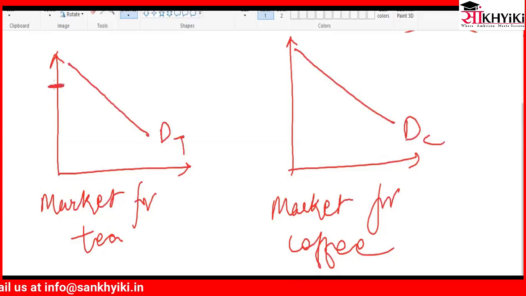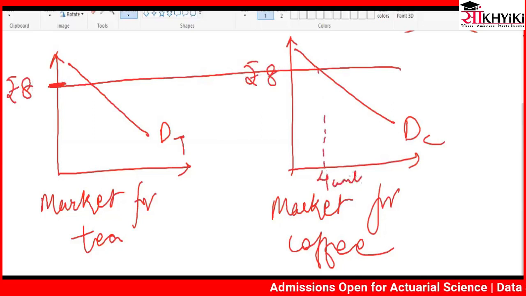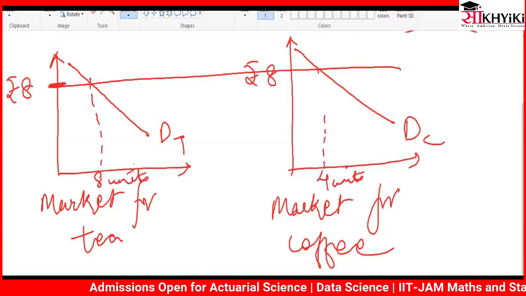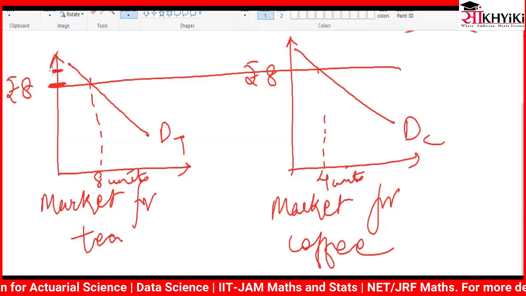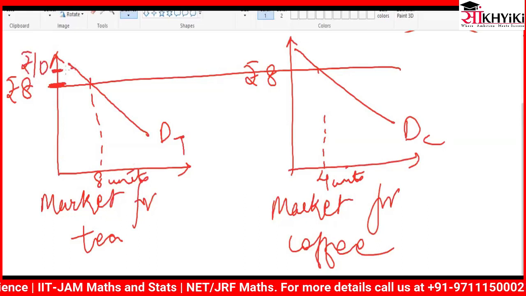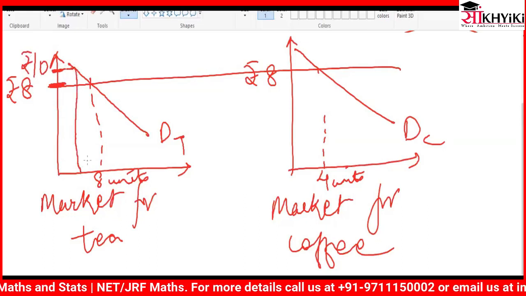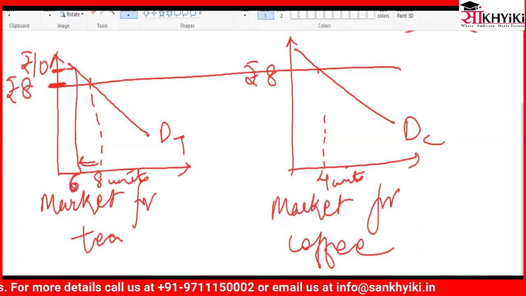Suppose that the initial price in the market for tea was rupees 8, and at the same price of rupees 8, the demand for coffee was 4 units and the demand for tea was 8 units. Now, suppose the price of tea has increased and become 10 rupees. When the price increases to 10 rupees, I should reduce the quantity demanded of tea. So I move backward and now consume just 6 units of tea.